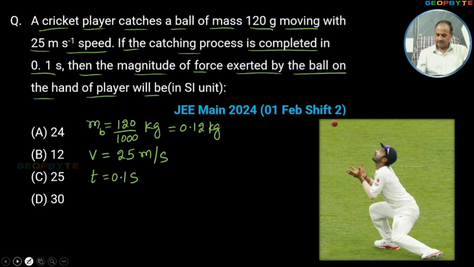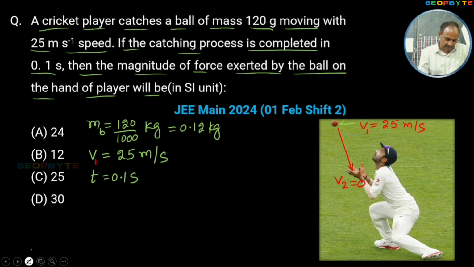It is like this. Look at the ball. That ball is maintaining the speed v equal to 25 meter per second. After this ball reaches the hands of the player, its final velocity v2 equal to 0, right? That catching process is happening within 0.1 second.